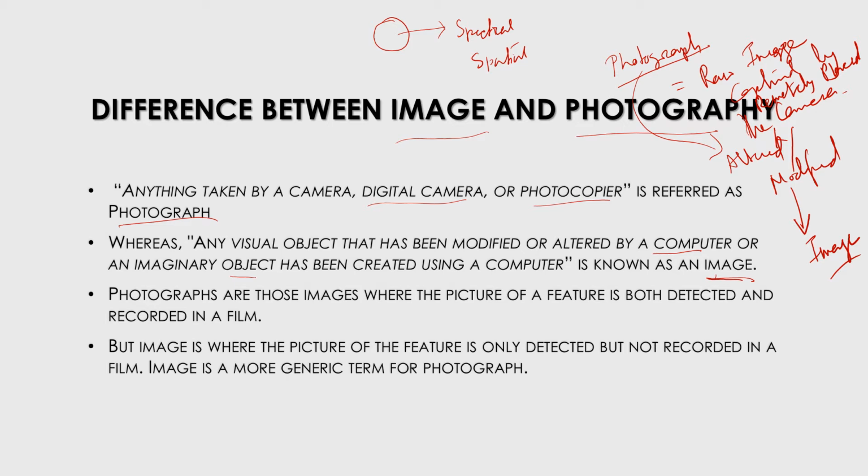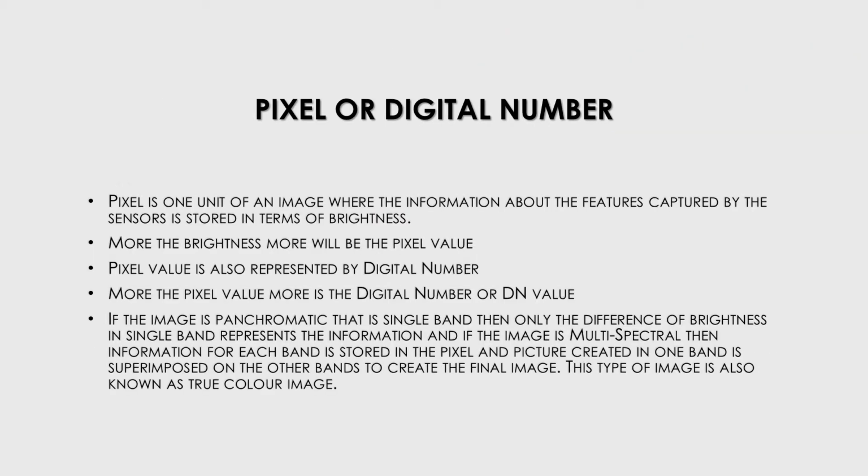So let us move to the next slide, and you see another basic difference has been raised. What is the difference between pixel and digital number? Basically, pixel is directly proportional to digital number and is directly proportional to brightness or darkness.